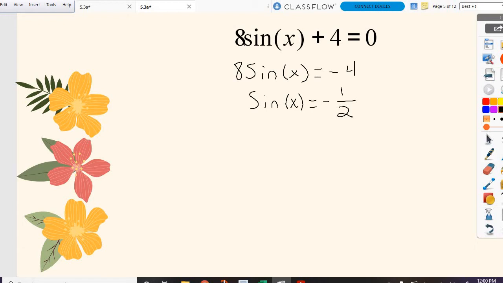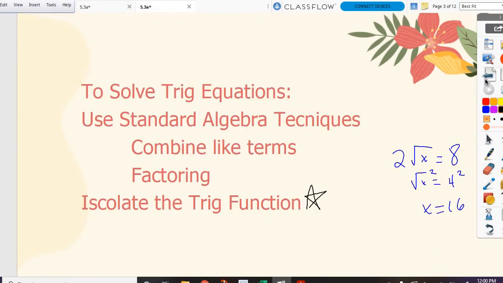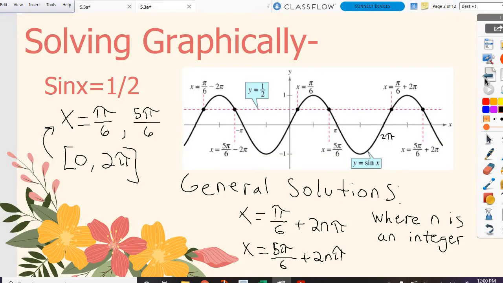Now, a lot of you automatically kind of referred back to our unit circle, and that's fine, okay? But remember I said sometimes it might be a little bit easier to refer back to our graph, right?